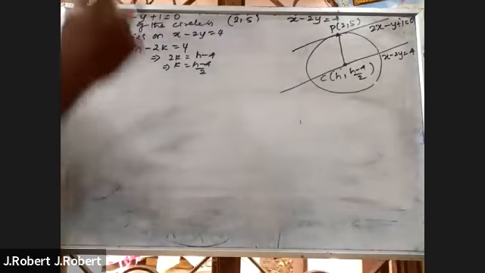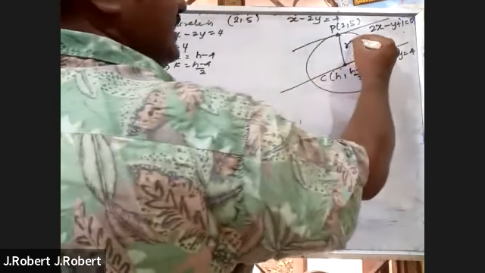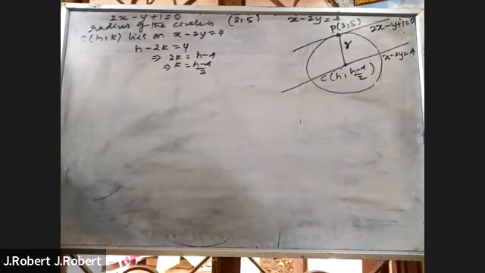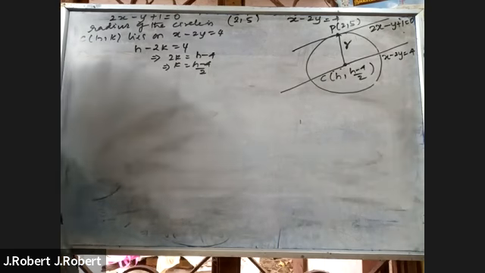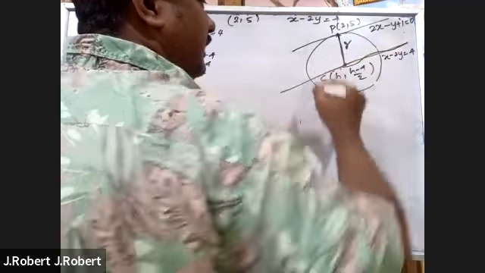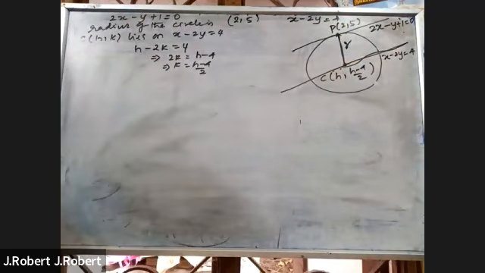I already told you CP is equal to the radius. This is called your radius. Now listen here. The important thing to note is that this is perpendicular to the tangent line, that is called a perpendicular distance.